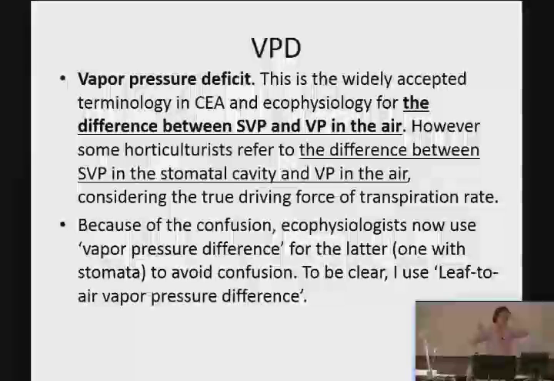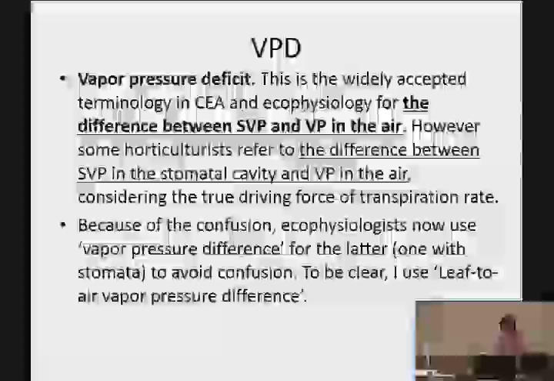But I stick with what ecophysiologists use, and greenhouse engineers and greenhouse scientists use. Some horticulturists mean a different value, so this slide is to help you clarify, because in the future you may get confused by the two different VPDs.